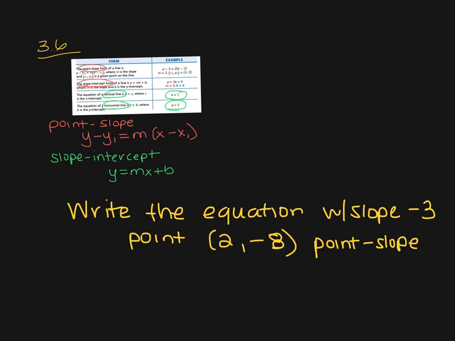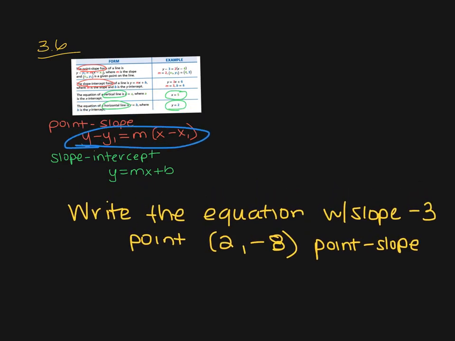So I know I'm using point slope, which is y minus y1 equals m times x minus x1, where m is your slope, the 2 would be my x1, and the -8 would be my y1. So y minus -8 would equal -3 times x minus 2.